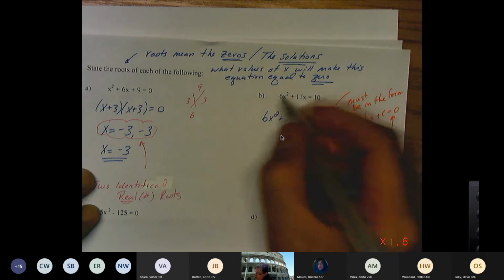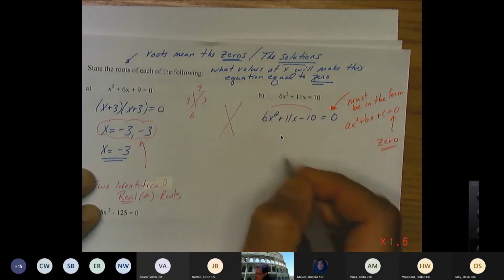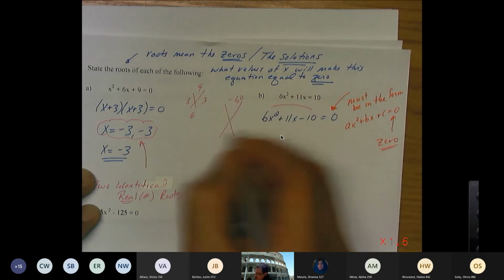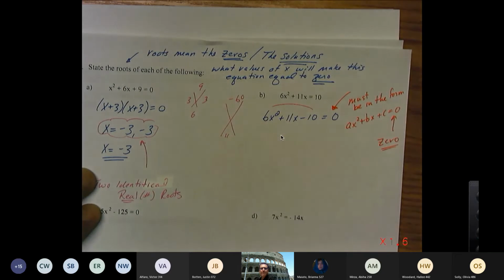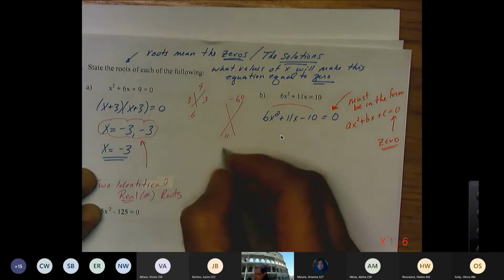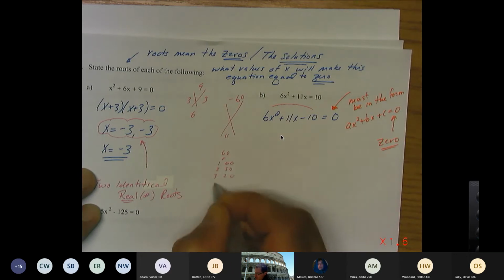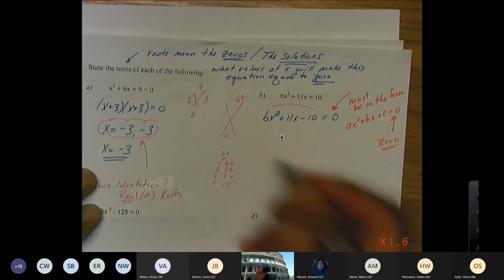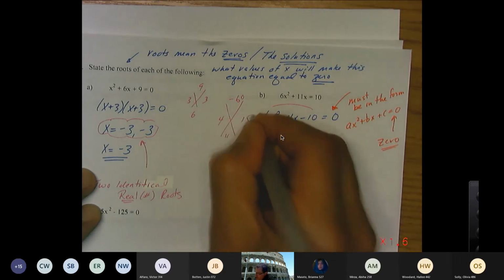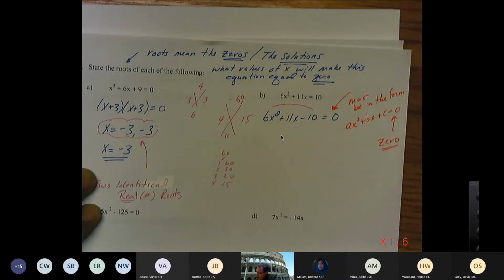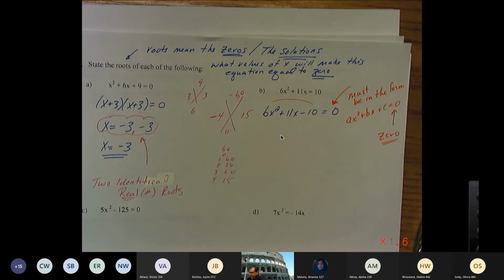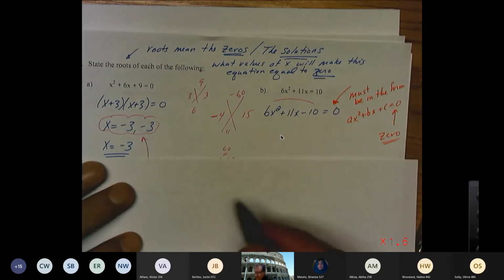So now we're looking for two numbers that multiply to give -60, add to give 11. Well, I don't know what it is offhand, so 60 is 1 and 60, 2 and 30, 3 and 20, 4 and 15. 4 and 15 will work. And it's going to be -4 and +15. So I'm going to use another piece of paper, and I'm going to do my factoring.